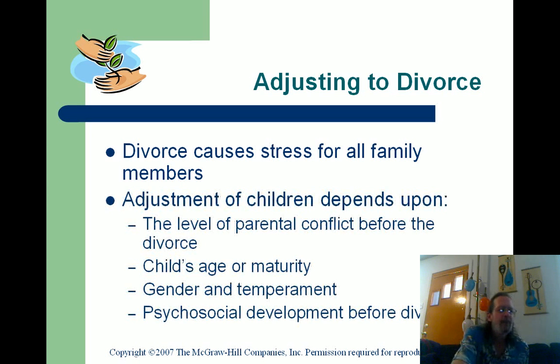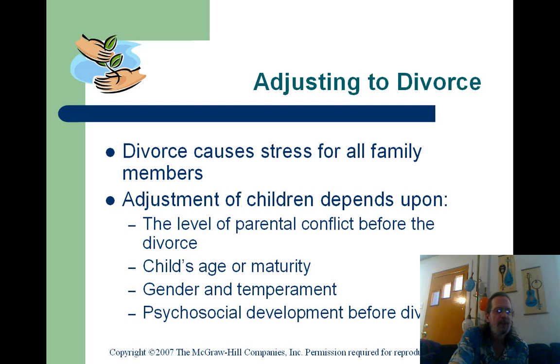A lot of things impact the ability of the child to adjust. How much conflict there was before the divorce. General rule of thumb is if you can get along and live together and stay together, that's the best idea. If you can't, if there's a lot of conflict, a lot of ugliness, then it's better for the kids if you don't.